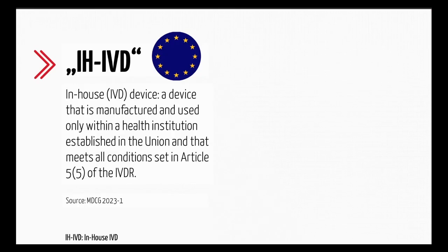And there is a definition in the EU for in-house IVD medical devices: an in-house IVD device is a device that is manufactured and used only within a health institution established in the Union and that meets all conditions set out in Article 5, subpoint 5 of the IVDR.